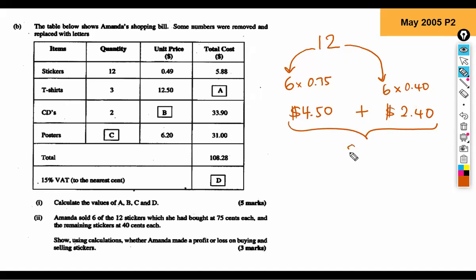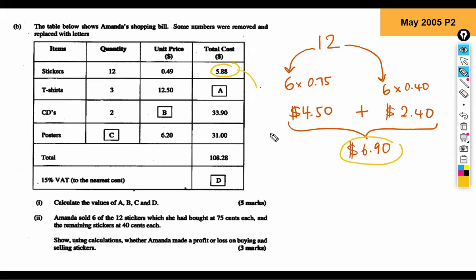This is what I am getting here: $6.90. I'm just making sure I did it correctly. You all agree with that? I don't think she made a loss. I think she made a profit. What am I seeing wrong here? I think it's a profit because this is how much she bought it for, and this is how much she collected.